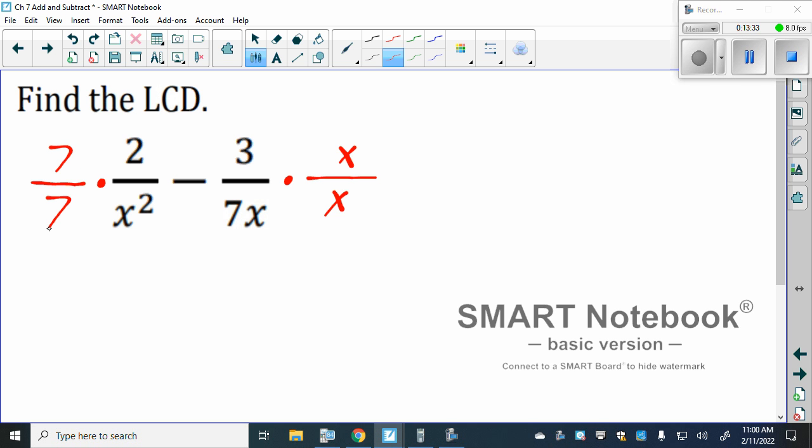Well, yeah. And if we multiply the numerator, 7 times 2, we get 14 over 7x squared minus, for the other numerator, 3 times x gives us 3x. The denominator would be 7x squared.